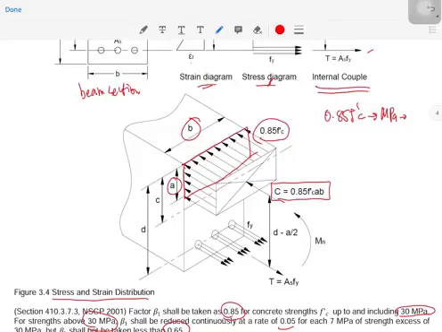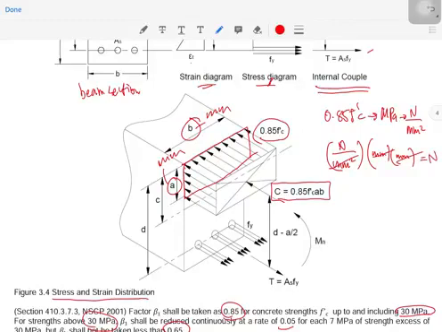If we try a unit analysis, that is newton per mm squared, then b is in mm, then a is in mm. So newton per mm squared, multiplied with mm times mm, will be equal to newton alone. So this is now in newton if you are using SI units.